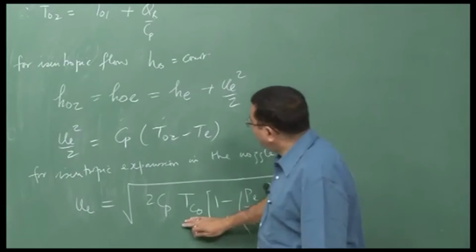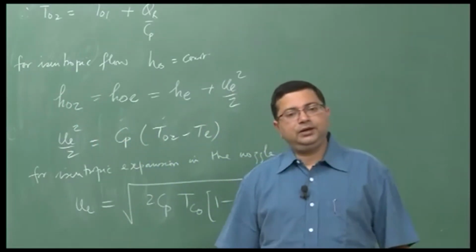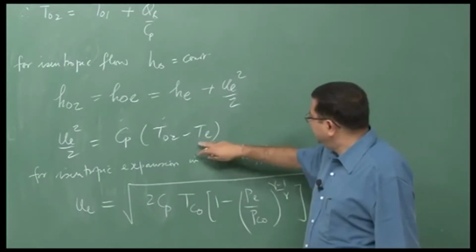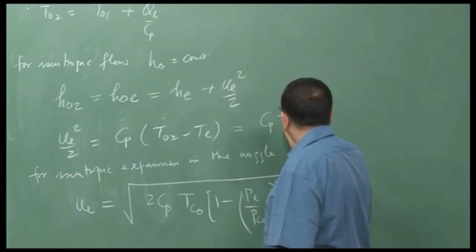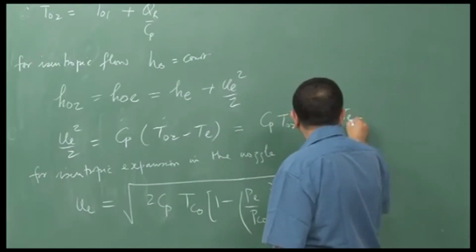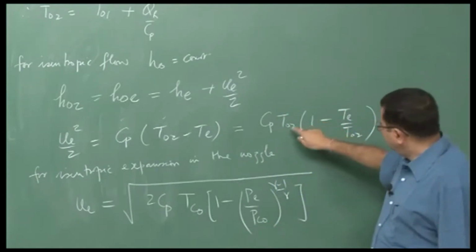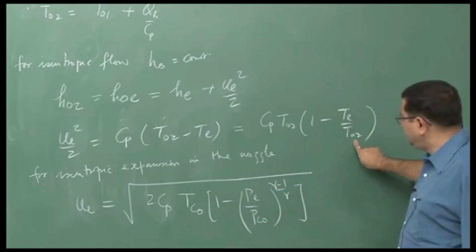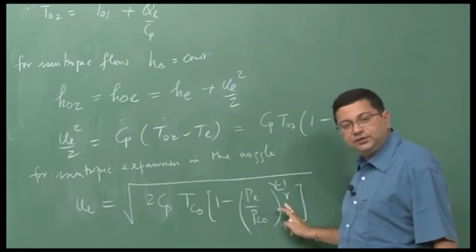Here Tc naught is equal to T02, as I have said, the stagnation temperature of the combustion chamber. Here what we have done is we have written this as Cp T02 (1 minus Te upon T02), and then T02 we have put equal to Tc naught, Te by T02 is replaced by Pe by Pc naught to the power gamma minus 1 by gamma.